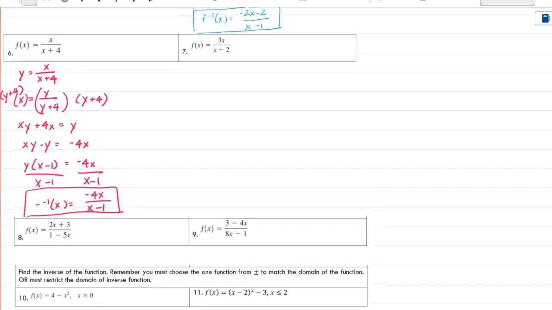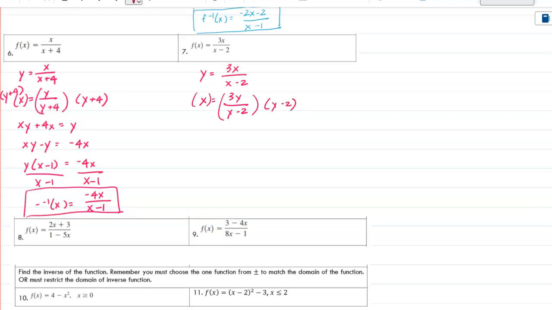Okay. Next, y equals 3x over x minus 2. Switch the x's and y's. Multiply both sides by the denominator. Distribute the x. You're left with a 3y. Gather the y's on one side.